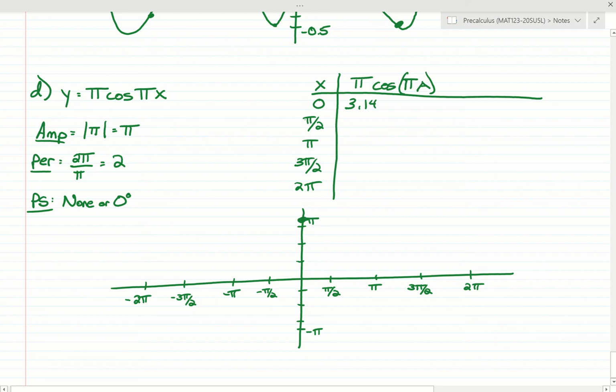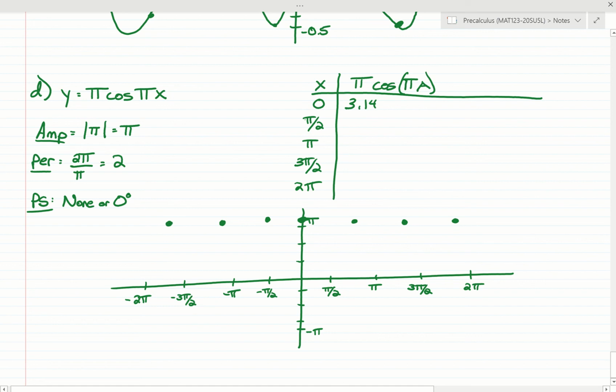And the period is every 2 radians. So I'd imagine it's going to be over here. 3 pi over 2 is about 4.7, so it's going to be maybe like over here. And we can see a pattern, right? If it's every 2 radians, it's going to be something like this, just going every 2 radians.